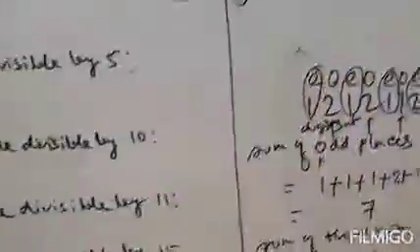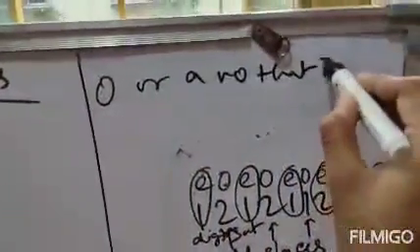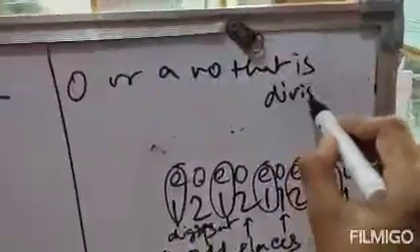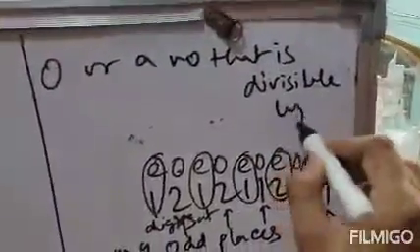Clear? Now after finding the sum of the digits at odd places and the sum of the digits at even places, just subtract them. If the subtraction gives you 0 or a number that is divisible by 11, just listen carefully, then this number is divisible by 11.